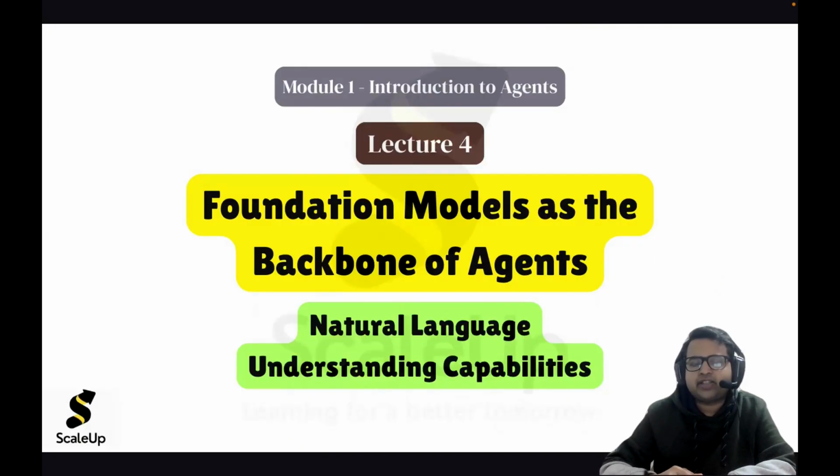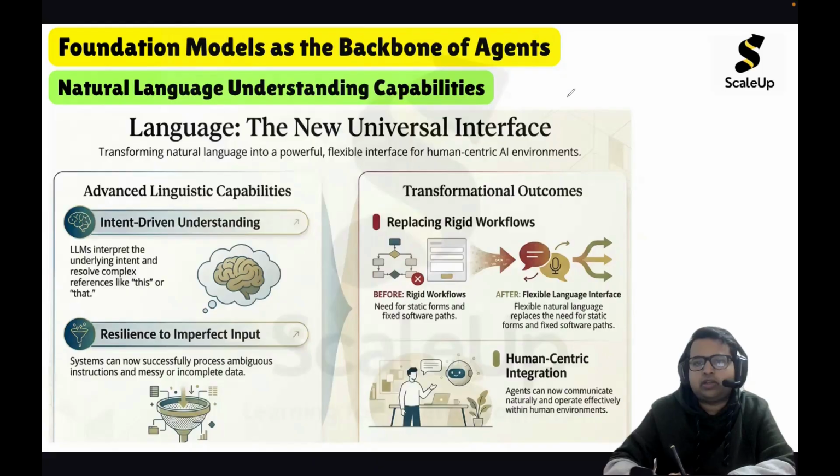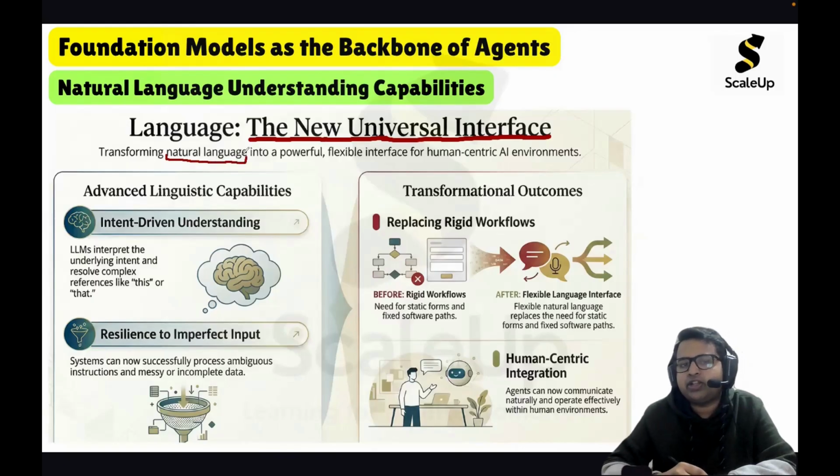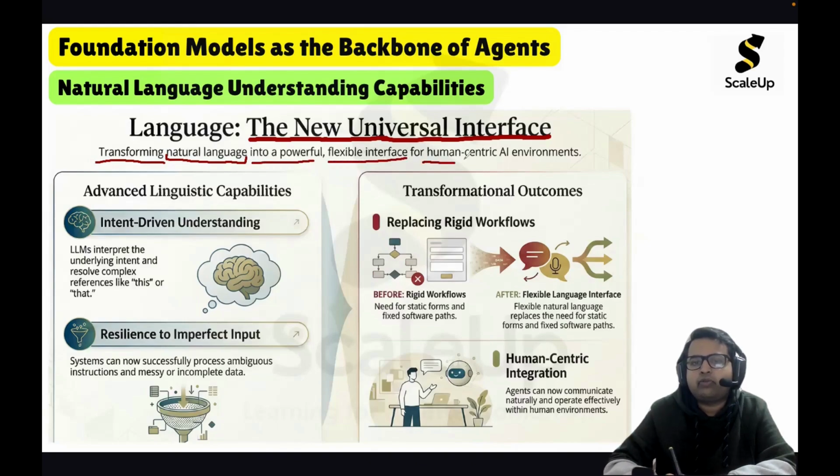Natural language understanding capabilities. Now, see, natural language has become the new universal interface, because now we are communicating with computing systems using natural language. Natural language means the day-to-day language. It can be Hindi, it can be English, it can be Spanish, French, Italian, Chinese. So the idea is to transform natural language into a powerful, flexible interface for human-centric AI environments.